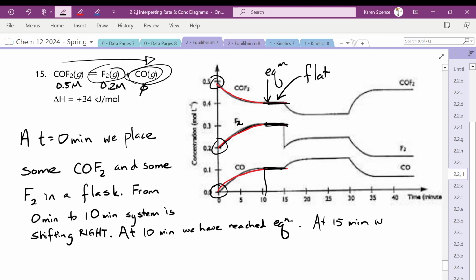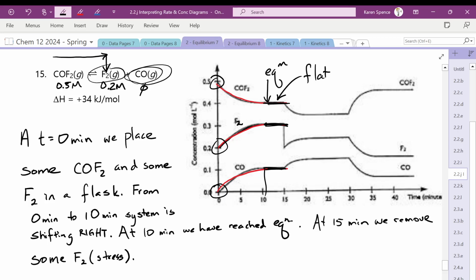What is our stress? Yeah, we remove some F2. That's our stress. And if you think about it, if you remove some F2, which direction should it shift? To the right.